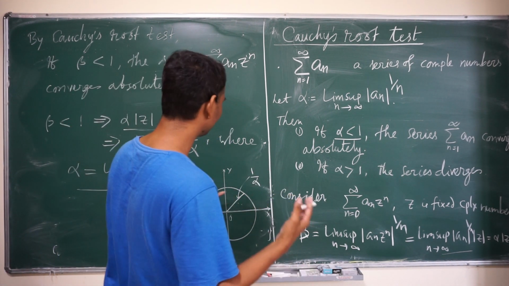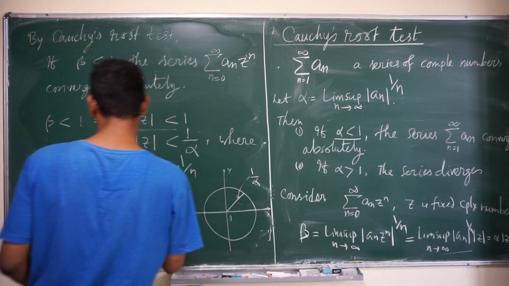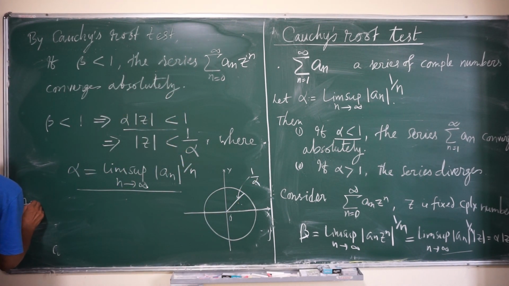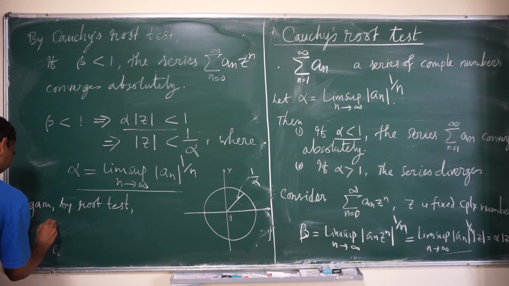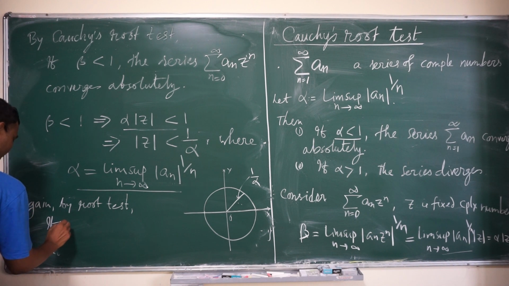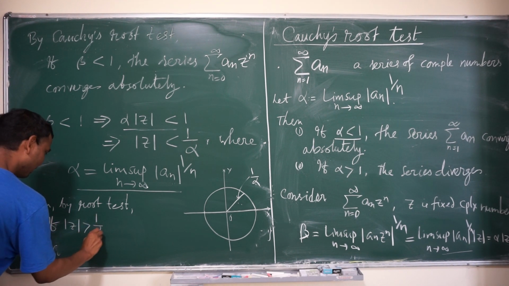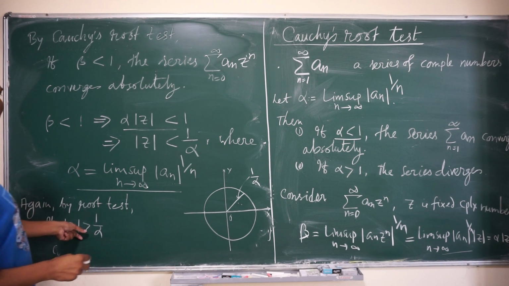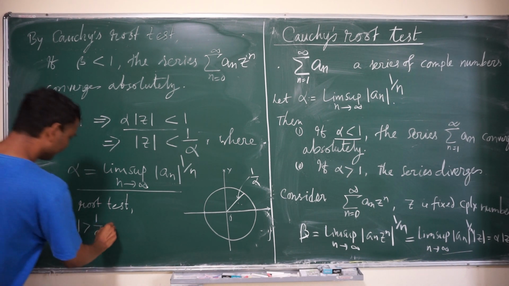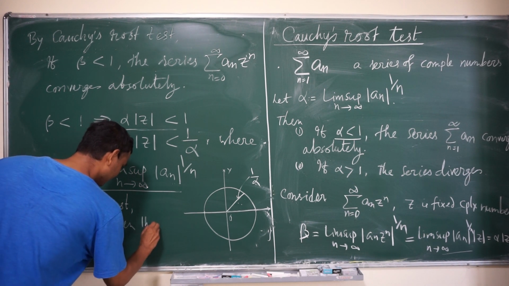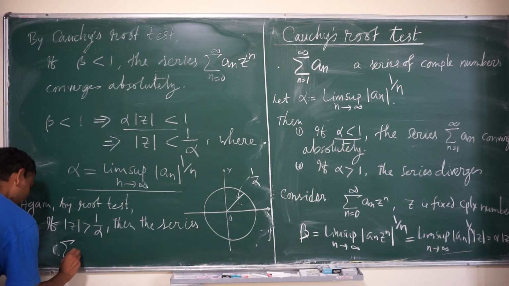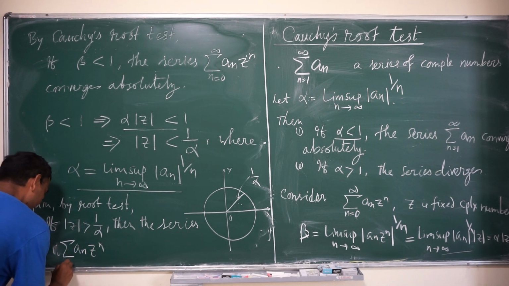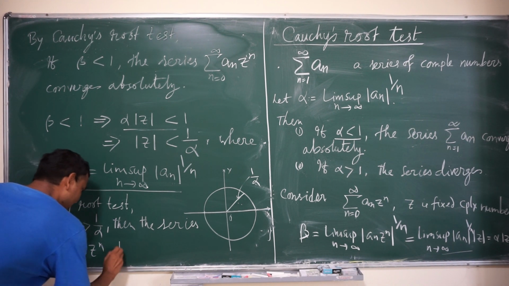And you see, again by the root test, if mod z is greater than 1 over alpha, which means alpha times mod z is greater than 1, which means beta is greater than 1, then the series summation a n z to the power n from 0 to infinity diverges.